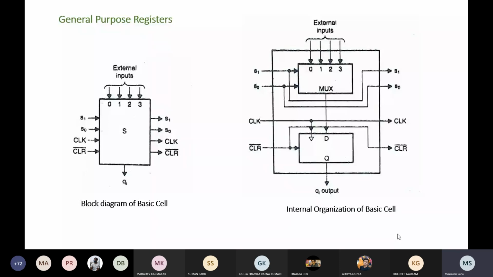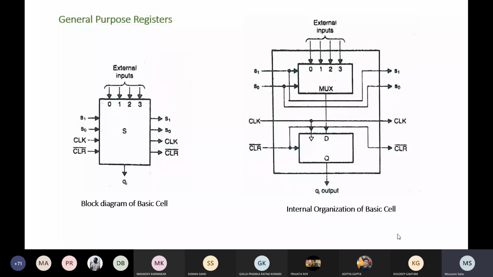If you forget the multiplexer, the multiplexer design, please study from your previous book, that is Morris Mano. So now 4:1 mux means that when S1 and S0 equal 0, 0, line 0 will be connected to the output line of the mux, and whatever value line 0 carries, that value will be transmitted to the output line.